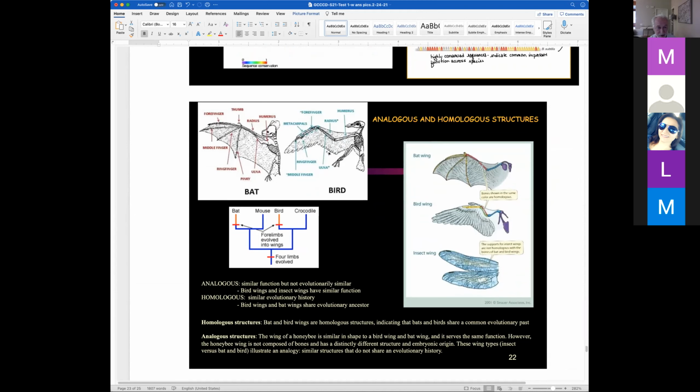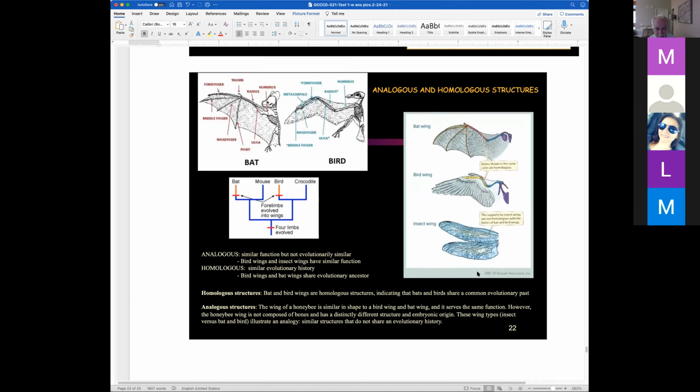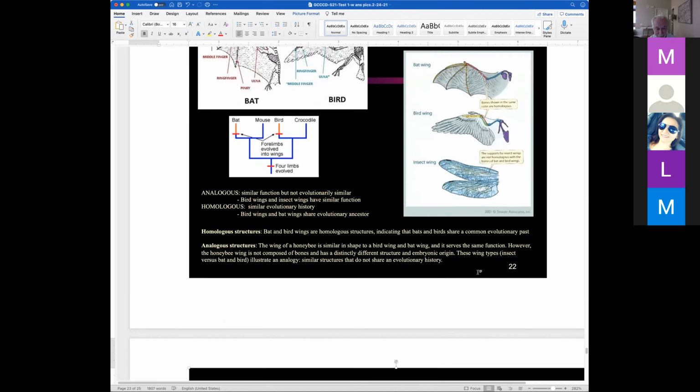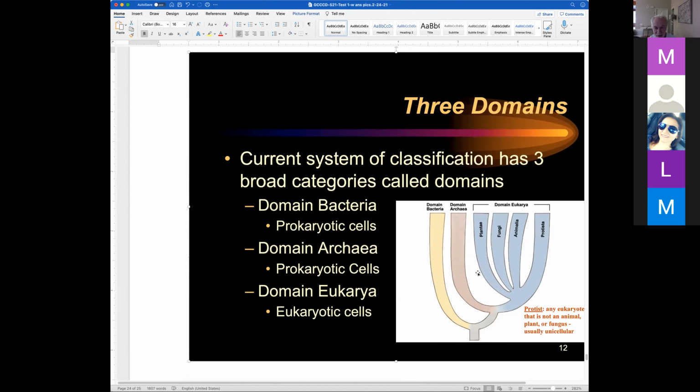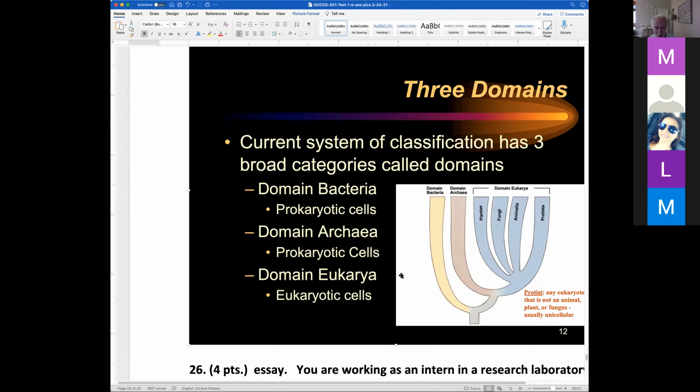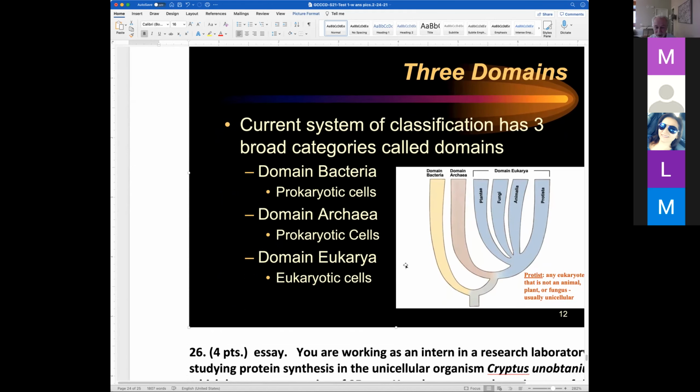They're derived from the same source evolutionarily, whereas insect wings are analogous. They have similar functions, but different origins. And this shows the three domains, which are the broadest categories we have for classifying organisms.